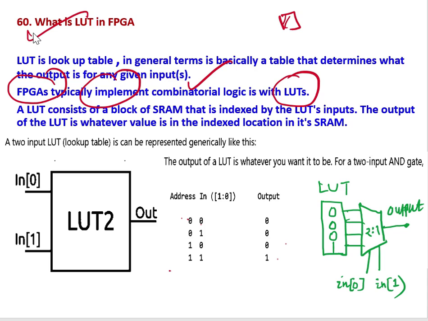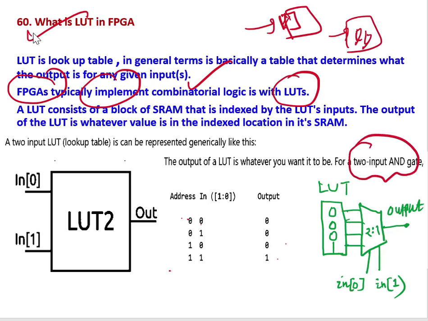Inside FPGA there are many lookup tables. When we try to implement this 2 input AND gate, this is the truth table: 0 0 gives 0, 0 1 gives 0, 1 0 gives 0, and 1 1 gives 1. Inside the LUT for AND gate, this output is stored.